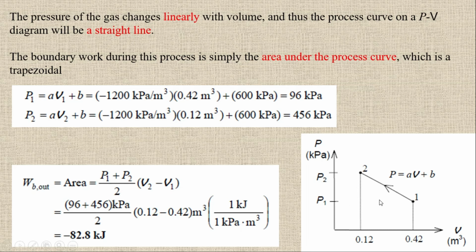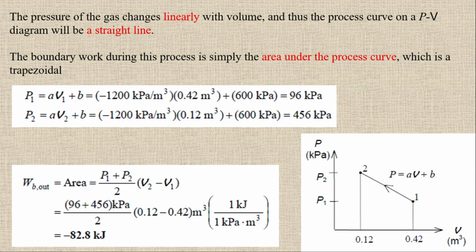So if I find the areas of these two shapes separately and add them, you will get the same answer, which is minus 82.8 kilojoule. Basically, in this way you can use the plots to find the work done under the line.